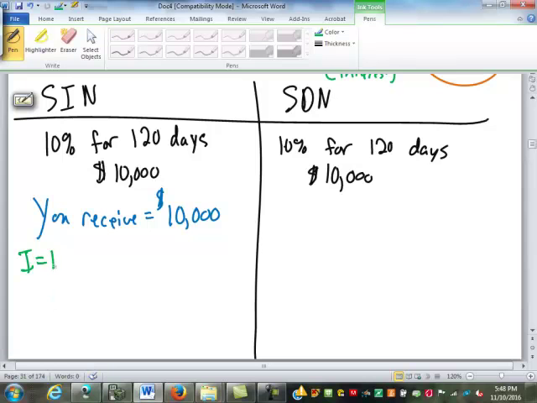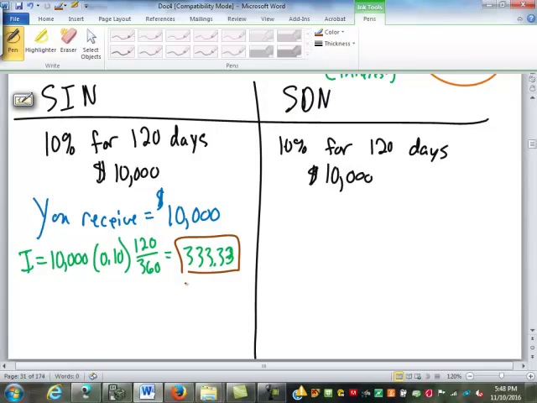Your interest is $10,000 times 0.10 times 120 over 360, which is $333.33, correct? So that's your interest.